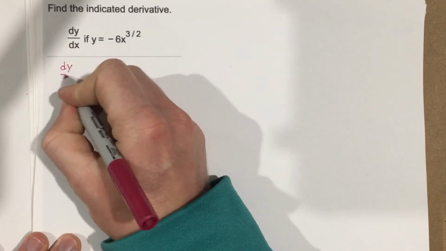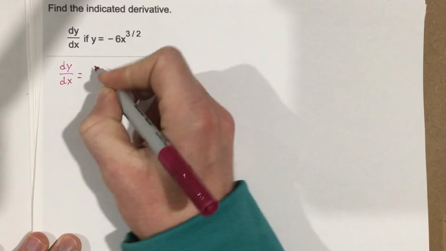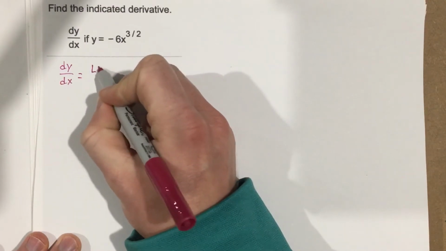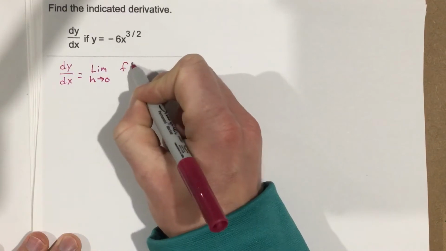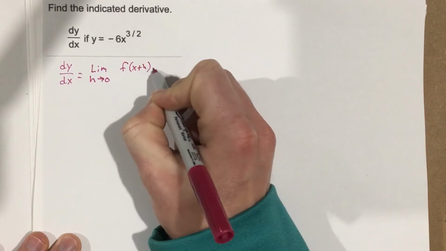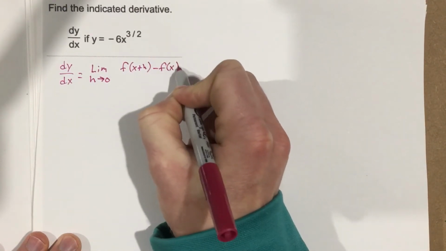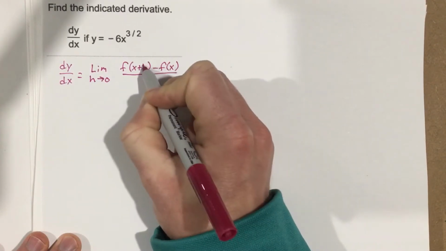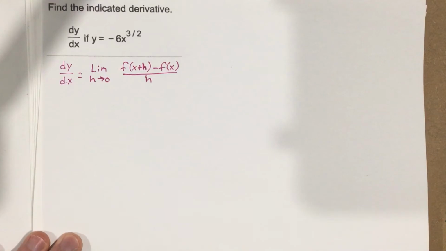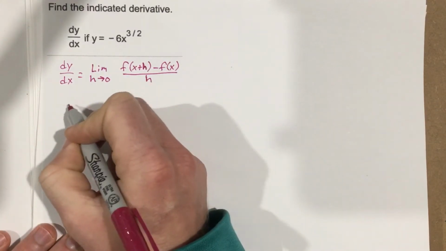So we're going to start with dy over dx, and we're going to use the definition and say limit as h approaches 0 of f of x plus h minus f of x all over h. Now let's start plugging some stuff in.